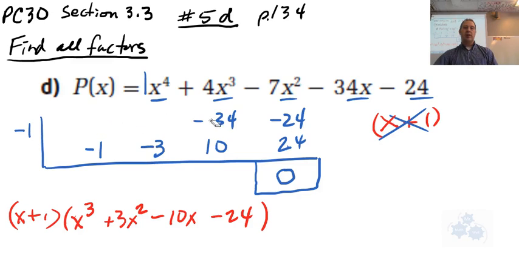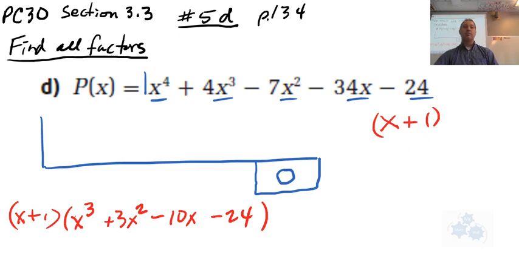So let's get rid of this one and this one as well. And we have to now identify another factor. So again, we could try minus 1, we could try positive 1, we could try 4 or 6 or 8 or anything like that. I tell you what, just to save time, let's try x plus 2.